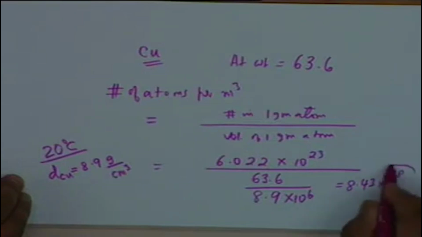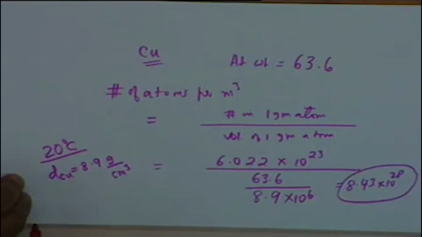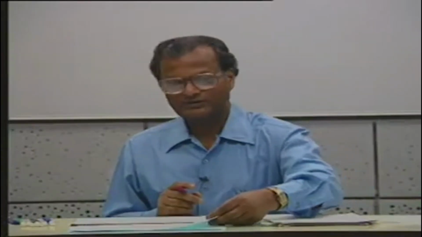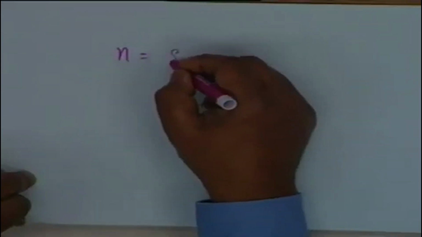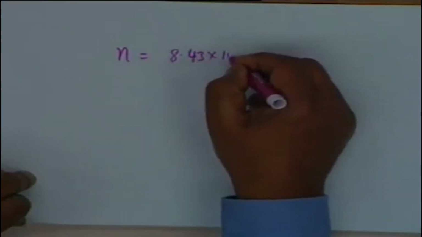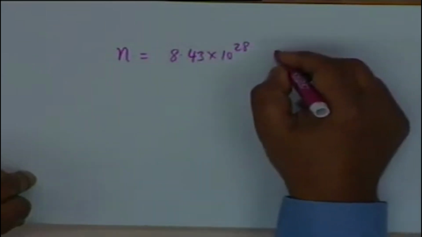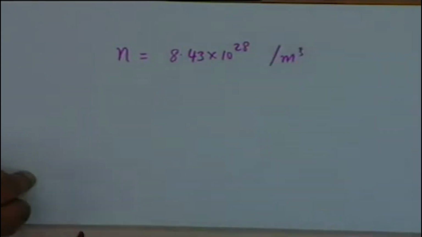So this is the number of atoms in 1 cubic meter of copper, and suppose every atom gives 1 free electron, then the number of electrons would be equal to 8.43 times 10 to the 28 electrons per meter cubed in copper. All right.